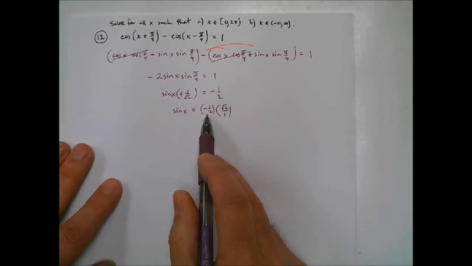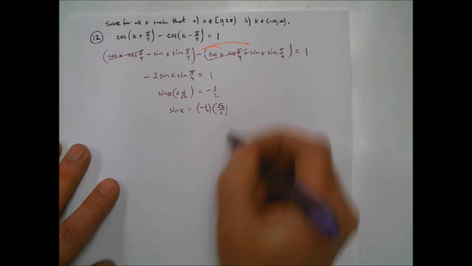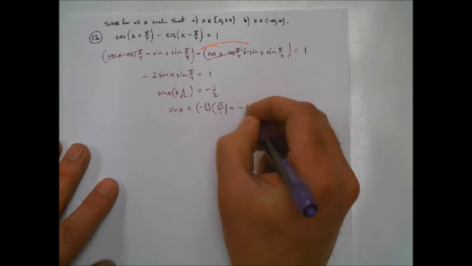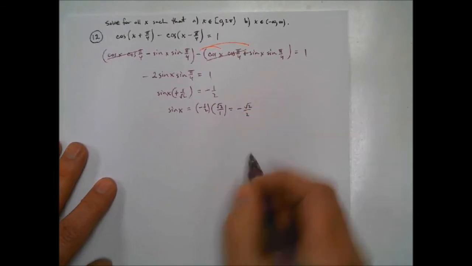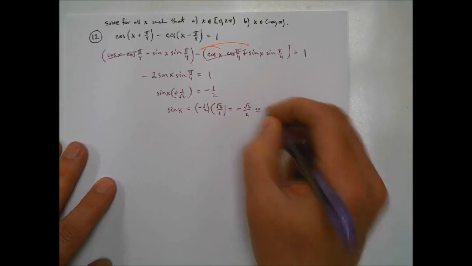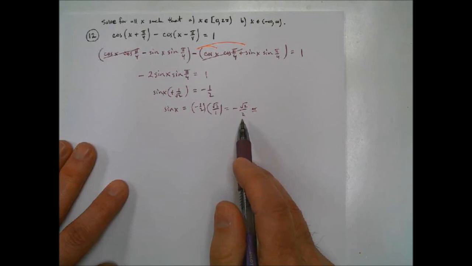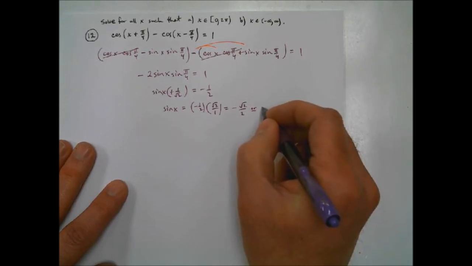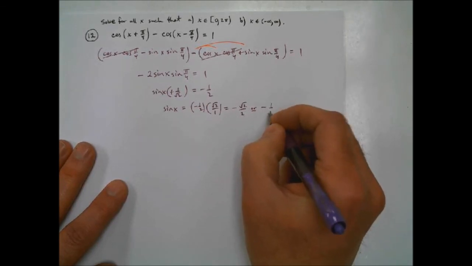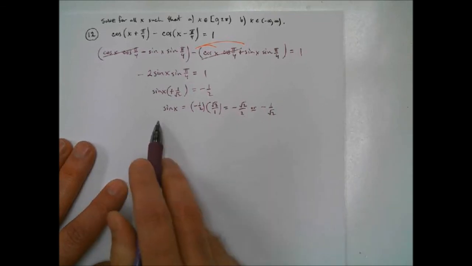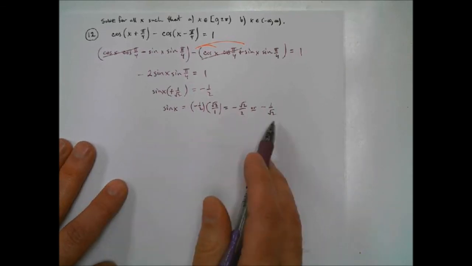Okay, now we can leave it like that, negative root 2 over 2, but sometimes you like it rationalized. So if you can recognize it, sine of x equals negative root 2 over 2, or negative 1 over root 2.